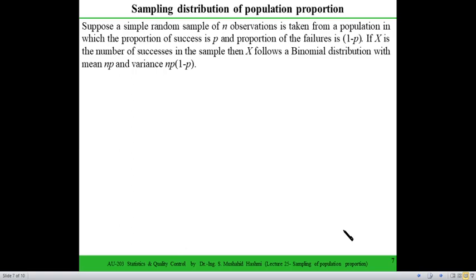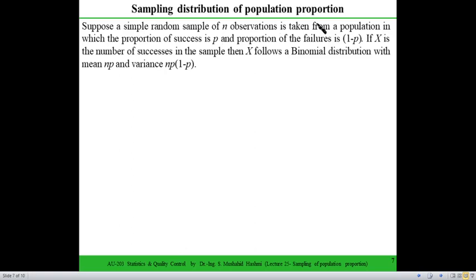Here the particular value of the population proportion is represented by small letter p, just as capital X is a random variable and the value of the random variable is small x. In the same manner, small p represents the value of the proportion of success taken from a population. If the probability of success is p, then the probability of failure is 1 minus p.